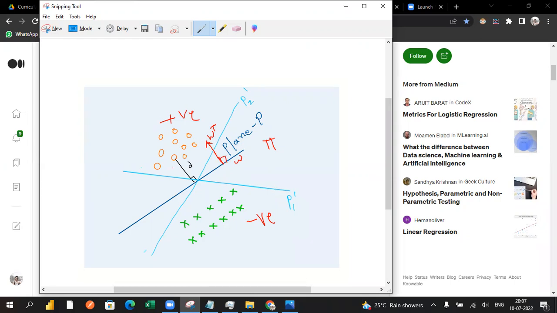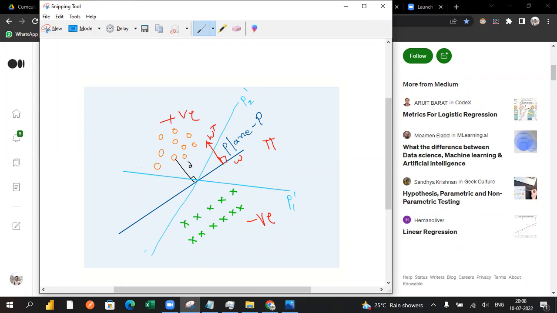Okay, everything is set up. Whenever you have positive and negative points, we draw a plane, and according to that we also draw the normal. How do you calculate when points come on the negative side and on the positive side, and what is the geometric interpretation for logistic regression?